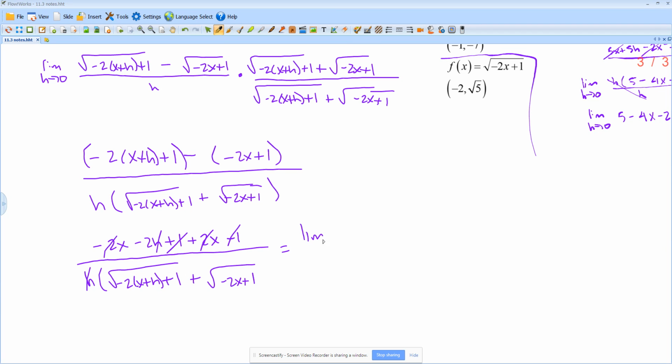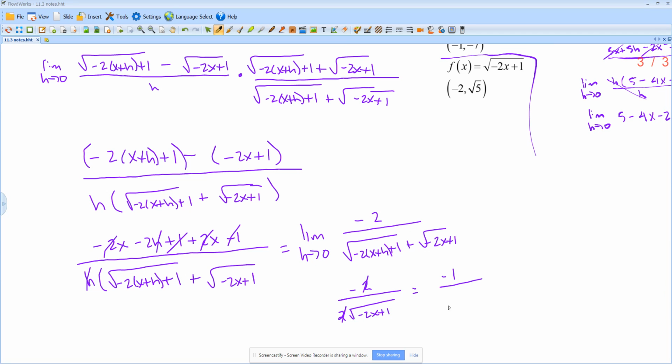So this becomes the limit as h approaches 0 of negative 2 over square root of negative 2x plus h plus 1 plus square root of negative 2x plus 1. Now if I substitute 0 in, I would have square root of negative 2x plus 1 plus square root of negative 2x plus 1, which will give me 2 square root of negative 2x plus 1. So I get negative 1 over square root of negative 2x plus 1 as my derivative function.